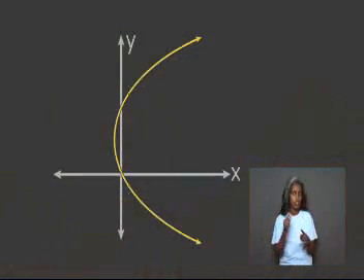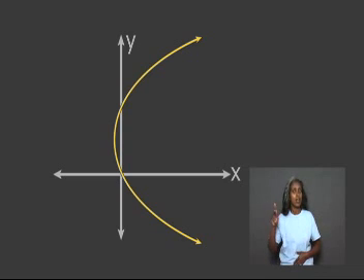Students, before we study the equation of a parabola, we must learn some important terminologies. Here is the graph of a parabola on the coordinate plane. V is the vertex of the parabola and has the coordinates (h, k).